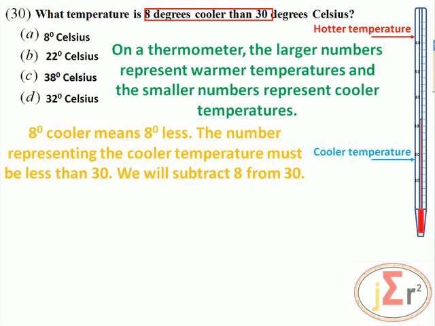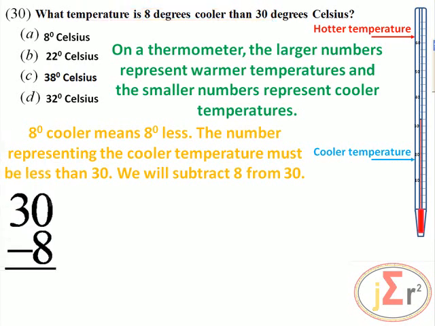So if we have a particular temperature and the temperature somewhere else is cooler, it means that the number representing the temperature, as long as we are talking about the same scale, will be a smaller number. The smaller temperatures are represented by the smaller numbers.